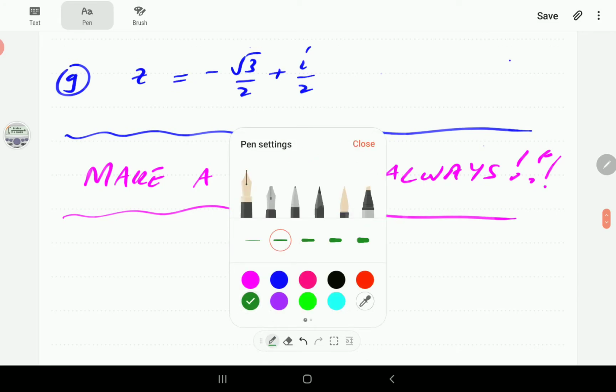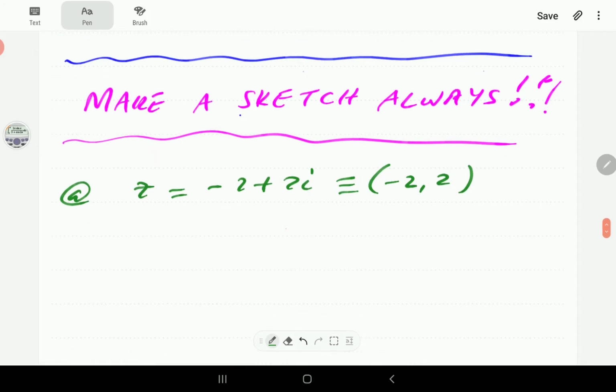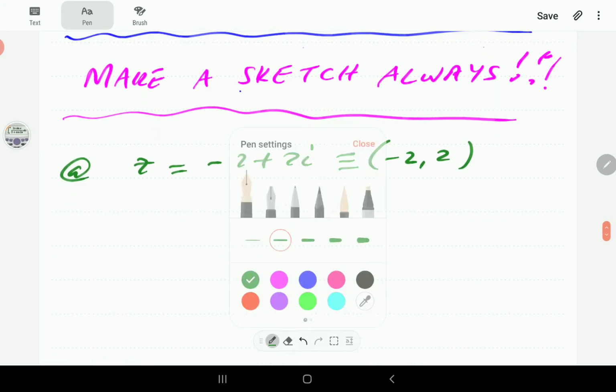So for the first one, in A, we've got z equals minus 2 plus 2i. What I want to do here is say, well, what is x here? And x is the component without i. So x is negative 2. What is y? The imaginary part is 2. So we're talking about the point negative 2, 2.